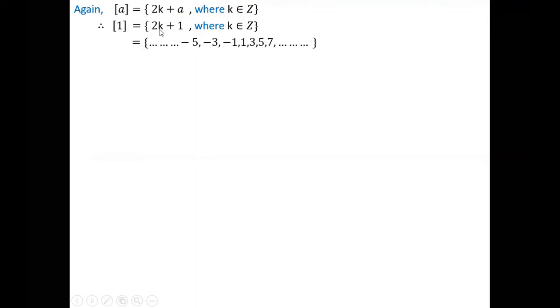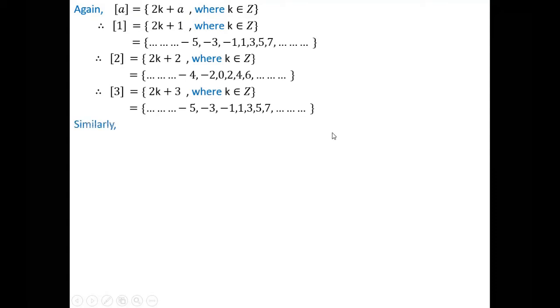Then k equals 1, then 2 plus 1, 3. Like this, we just substitute the values of k, and ultimately you will have this set. Similarly, we can have [2], 2k plus 2. Now in place of a you are putting 2. If you put the values of k as 0, 1, 2, minus 2, minus 3, whatever, ultimately you will have this set. It will continue like this.